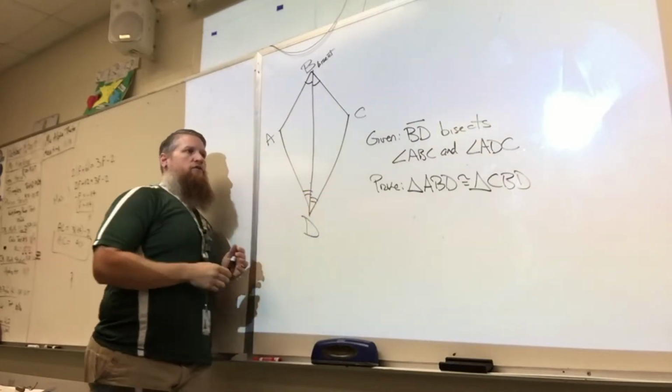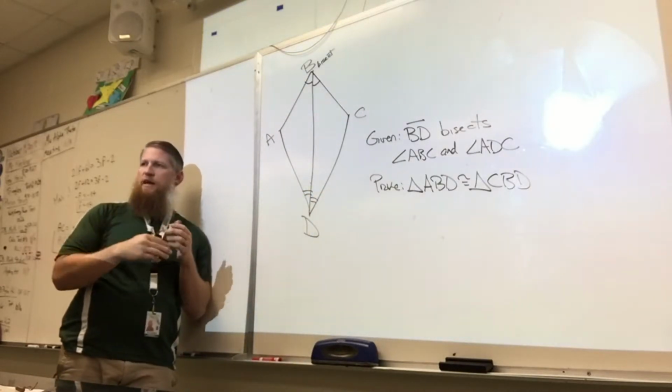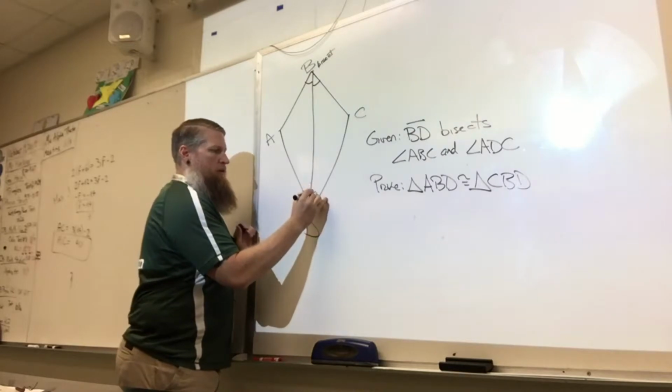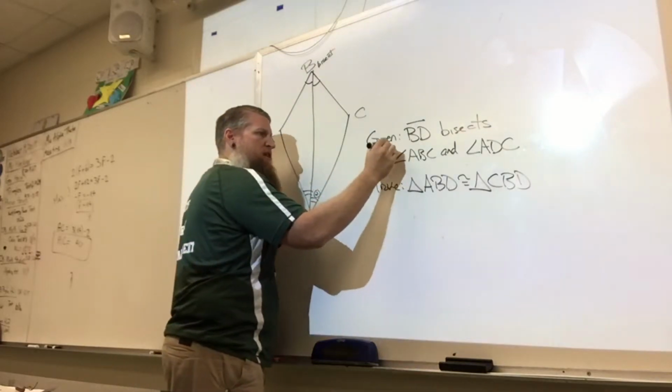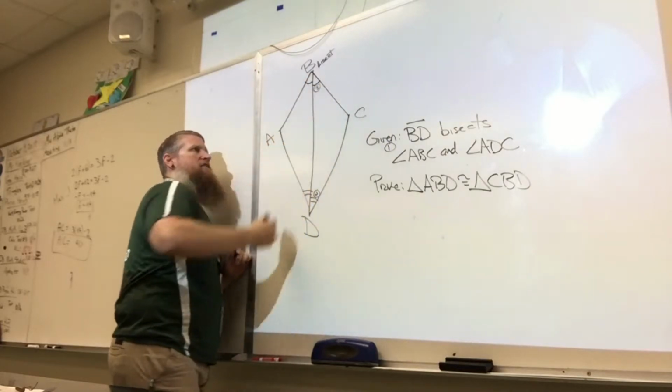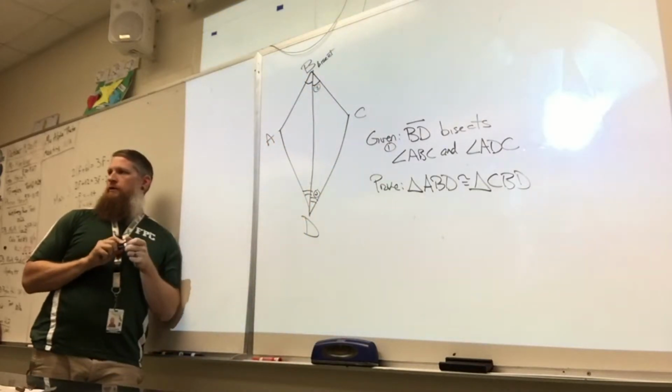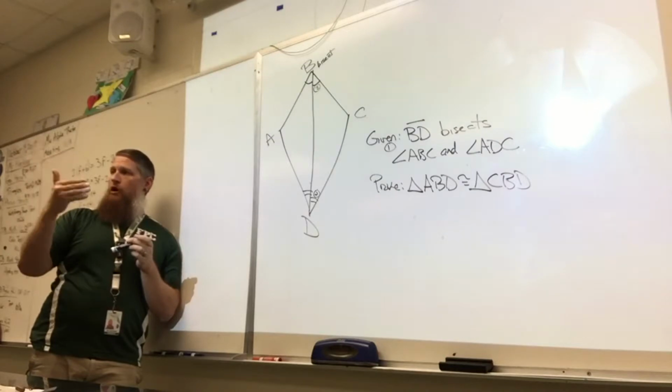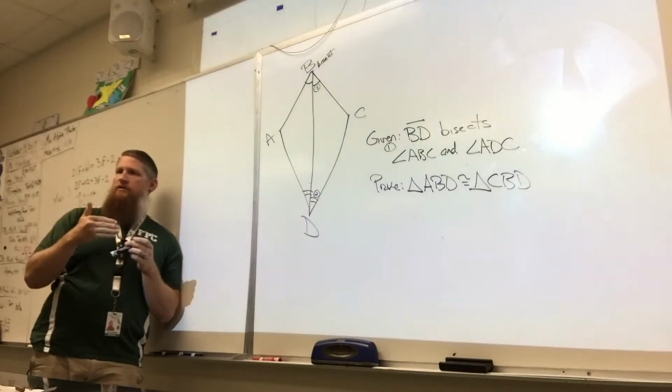They understand that angles are congruent, but they skip the step of actually writing out these two are congruent. Like my first step is going to be writing the given. My second one is going to be actually saying that those angles are congruent. So this is what I was getting at. If you draw something on the picture, it has to translate to a step.